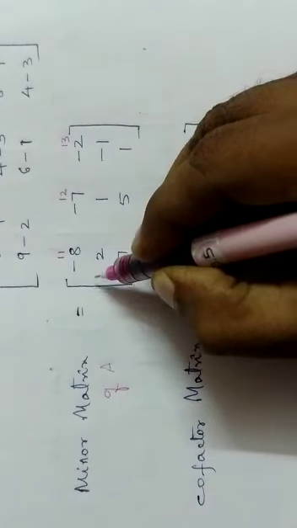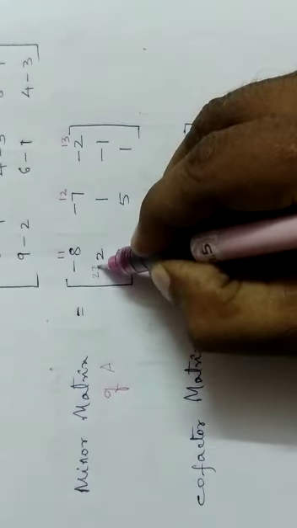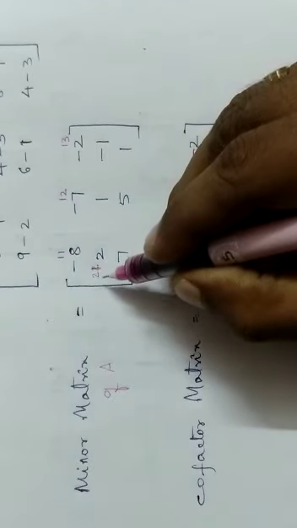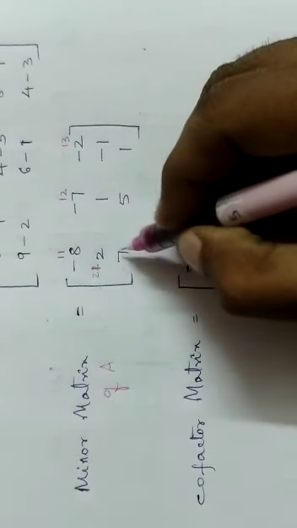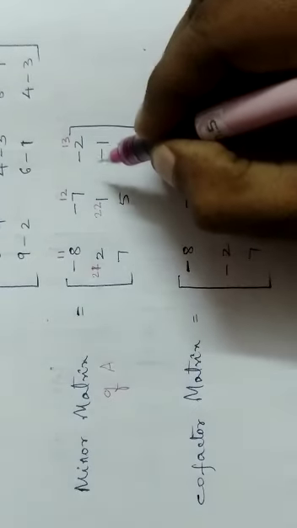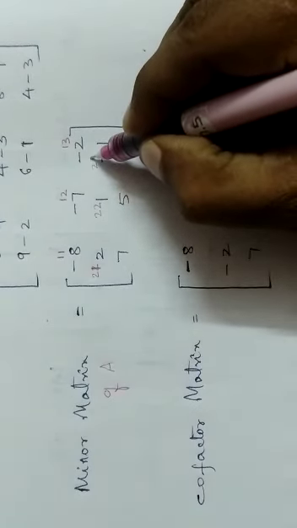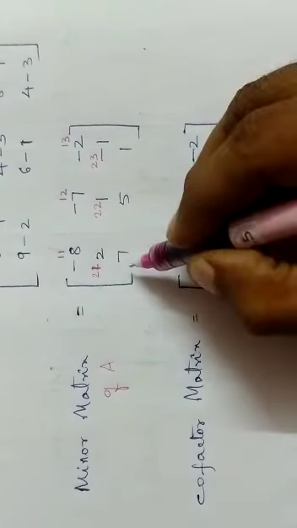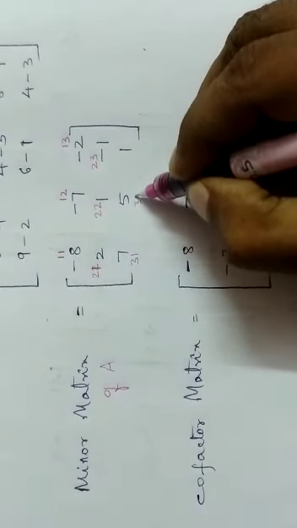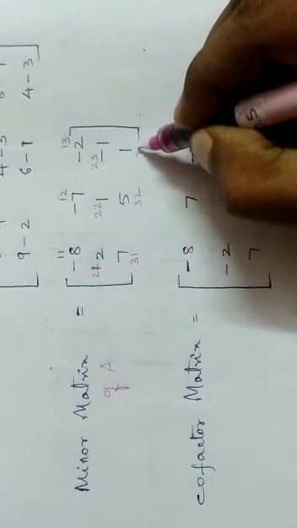What is the position of this? 2 1 position. Second row, first column. This is 2 2 position. This is 2 3 position. This is third row, first column. Third row, second column. Third row, third column.